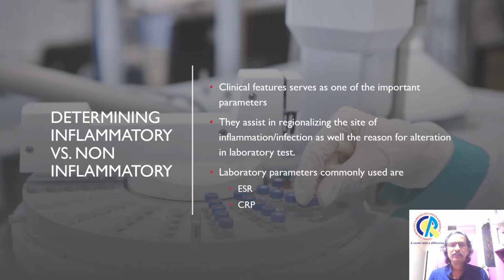In addition, when we examine the respective part, signs like swelling, tenderness, and the presence or absence of discoloration of the joint also help us in differentiating whether the given condition is inflammatory or non-inflammatory.